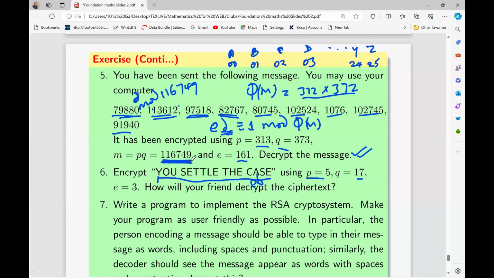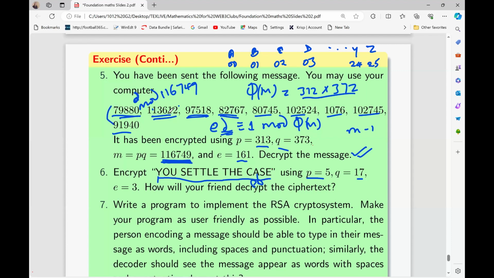That number should be less than M minus 1. So you may find a very big number. When you find a very big number, as we did in a previous example, you break it into blocks that are less than M minus 1, just like these blocks here.